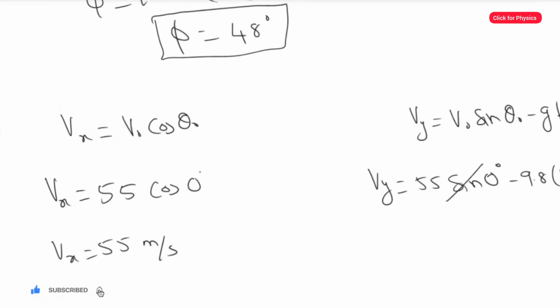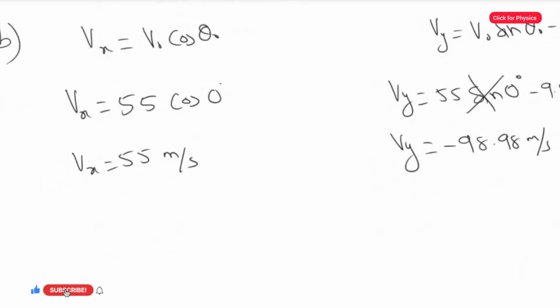So anything multiplied by 0, by that this term will be gone. So what is remaining? V of y, which is equal to minus 9.8 multiplied by 10.10. We got the answer here as minus 98.98 meter per second.